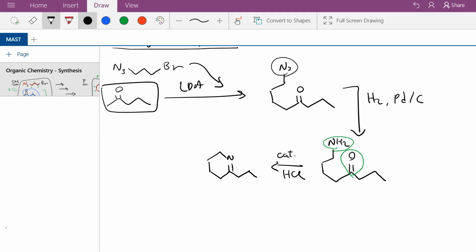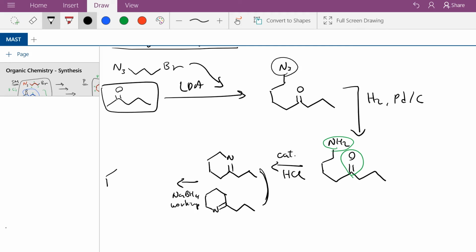And these are the same. And finally, we reduce the imine with sodium borohydride and make sure to do our acid and base workup.